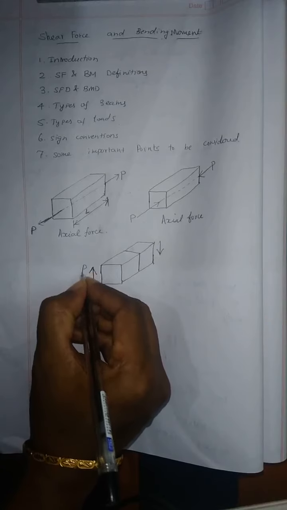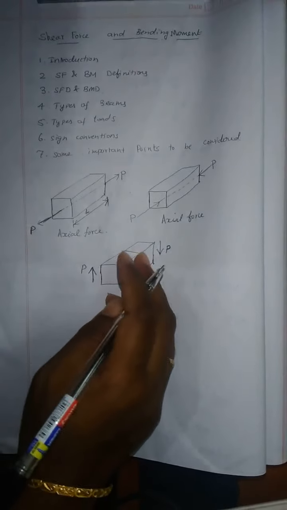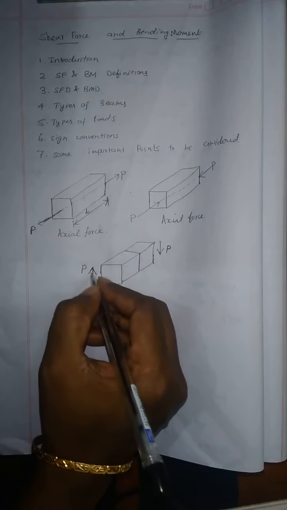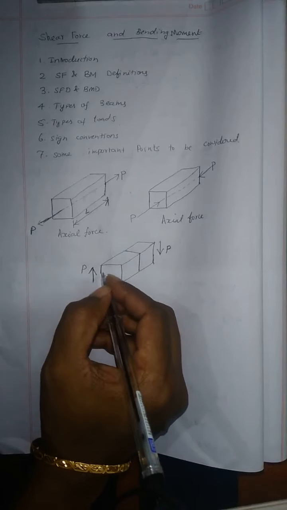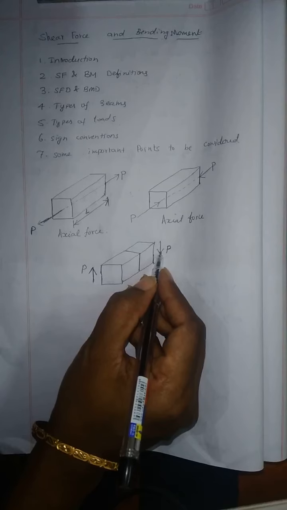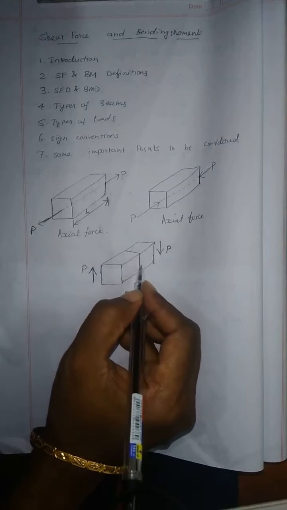This may also have the intensity P, but the loads are acting in opposite direction but in different ways. So this force will act over this part of this object, and this load P, which is acting in downward direction, may act over this part of the object.